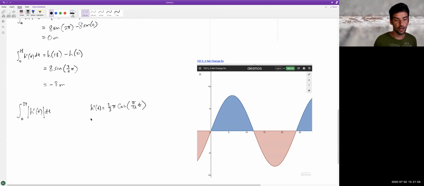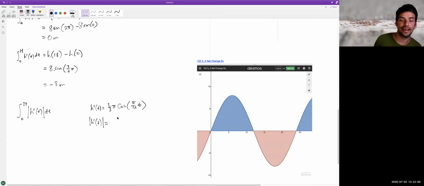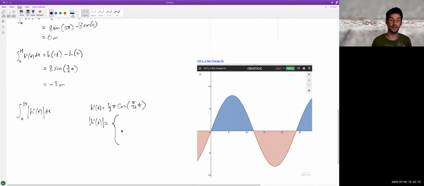When we look at the absolute value of this, we have to write this as a piecewise function. So what does that mean? Let's sketch ourselves a little graph of this.